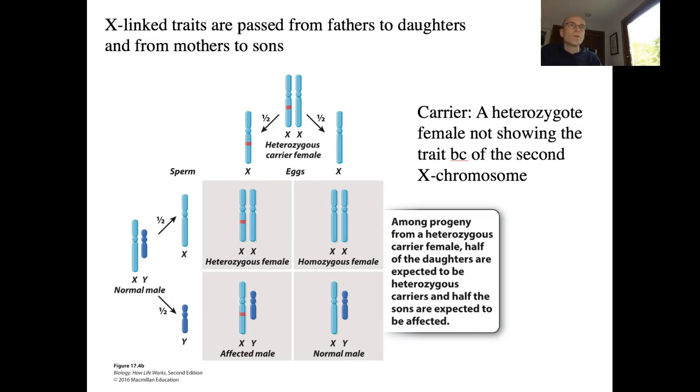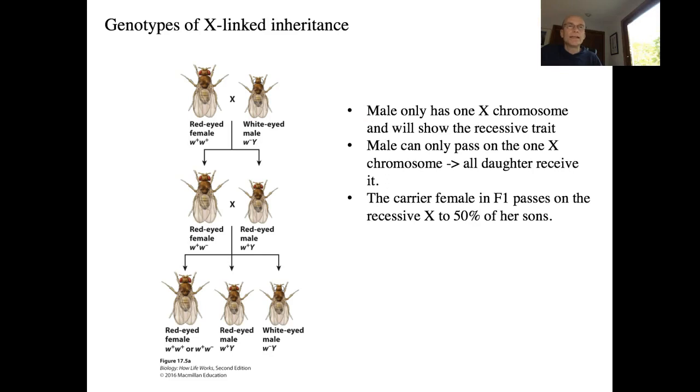Okay, so now let's take a look at the same cross, except that we're now going to look at the genotypes as well. So remember how in the example of the peas, with Mendel, we had the capital letters and the small letters. By convention, geneticists have come up with their own nomenclature depending on the organism they work with.